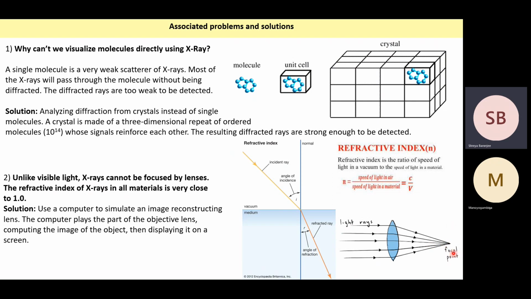And that is a big problem, so we cannot directly use a lens to focus X-rays and get the image, because X-rays will not bend and be focused at the focal point. So what is done to solve this is basically a computer is taken to simulate an image reconstructing lens, and the computer plays the part of the objective lens, computing the image of the object and then displaying it on a screen.